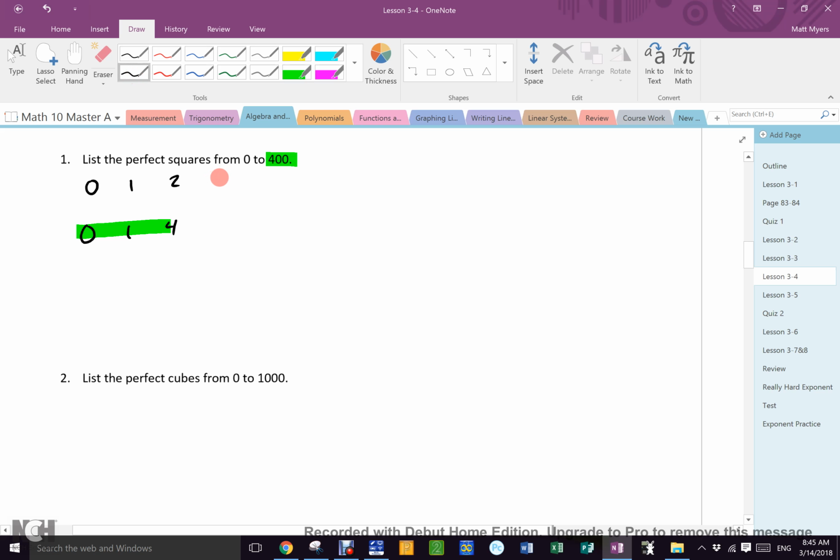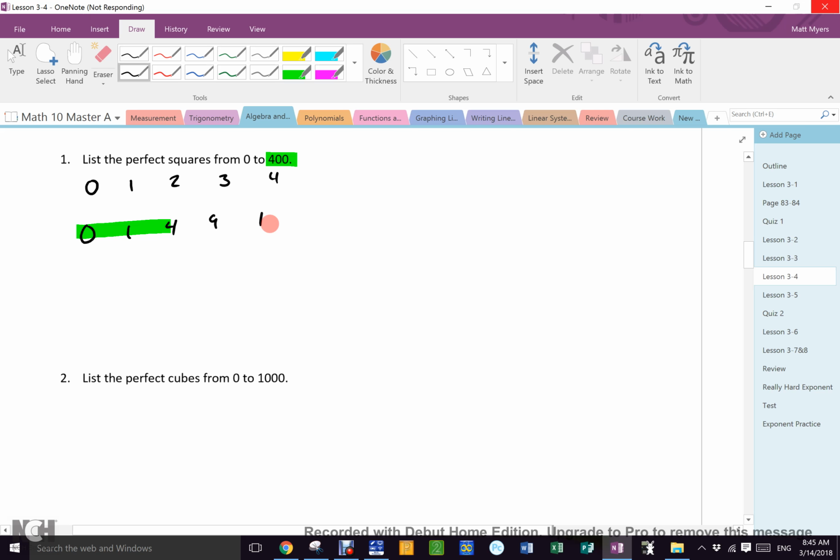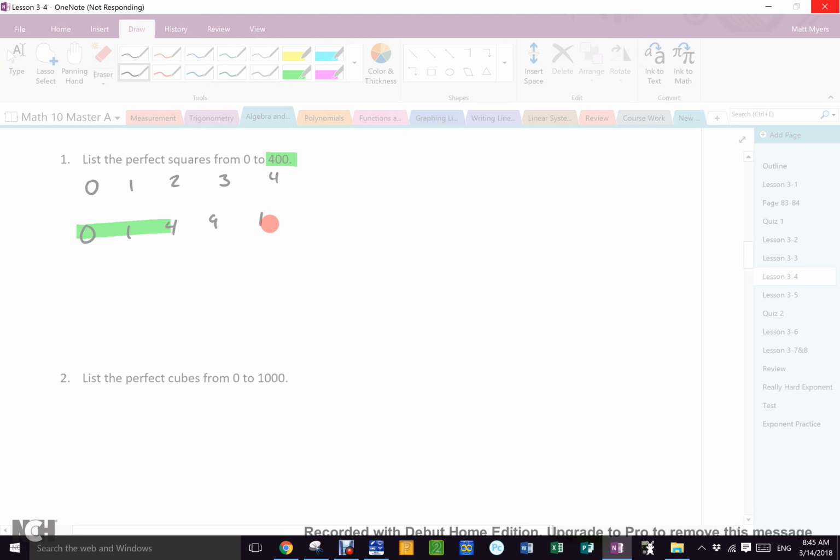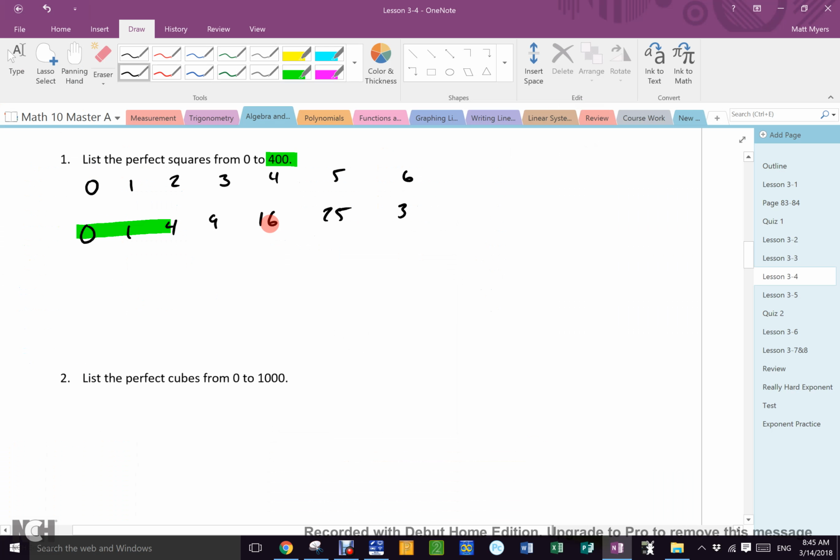It won't take long. 3, 9, 4, 16, 5, 25, 6, 36. And of course, there is a pattern. And if you notice it, it will make the bigger numbers easier if you don't already have it memorized.